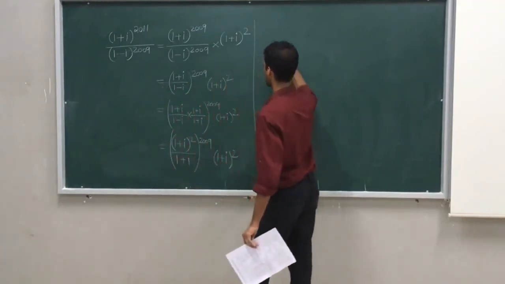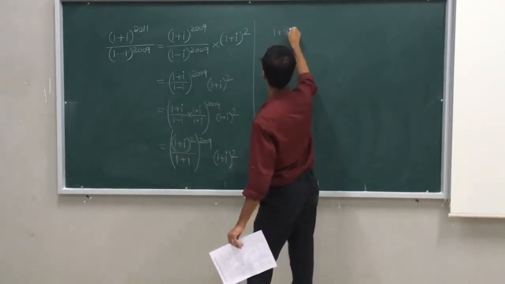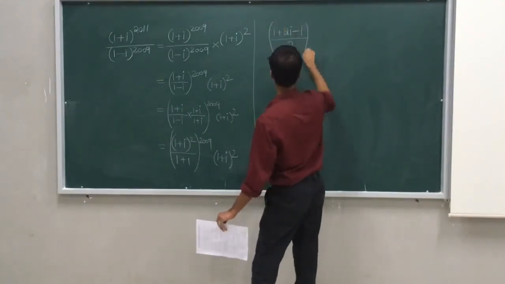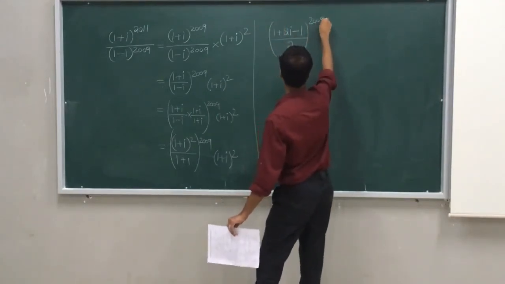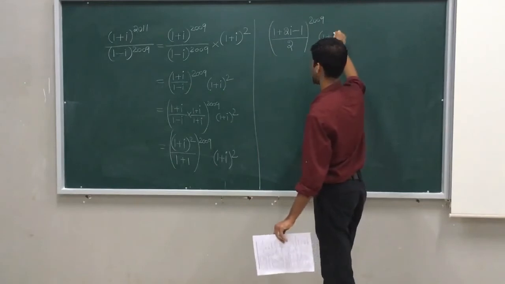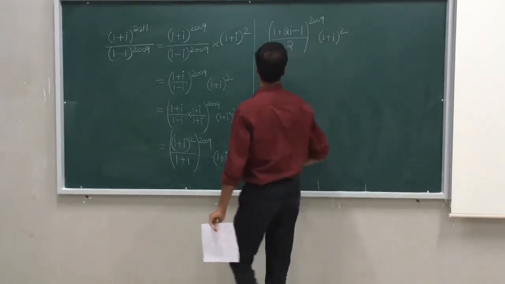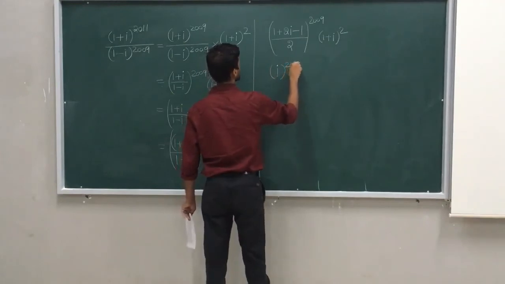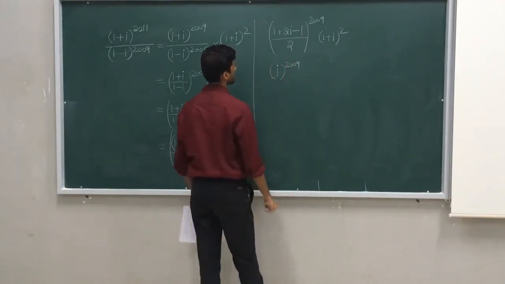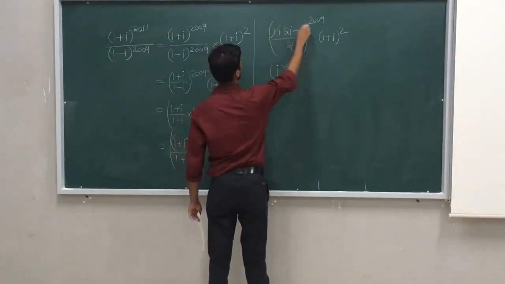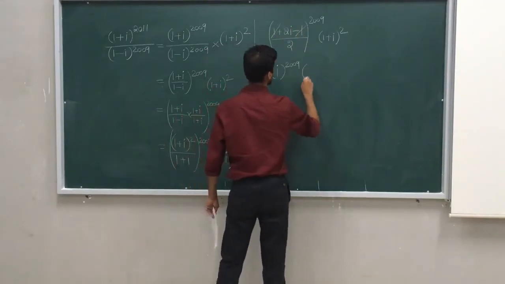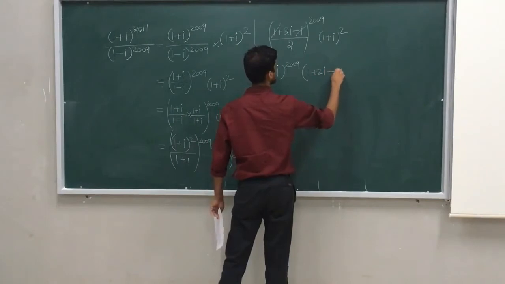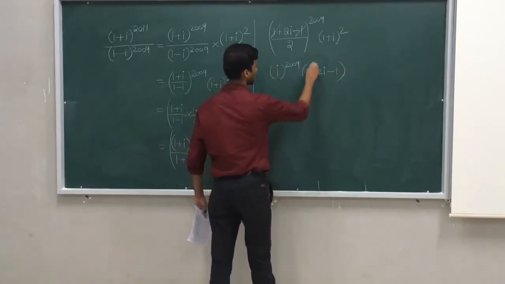Okay. So it is 1 plus 2i minus 1 divided by 2, to the power 2009, into 1 plus i square. So it is i power 2009, because 1 gets cancelled, 2 gets cancelled. It is 1 plus i square, 1 plus 2i minus 1, because i square is minus 1.